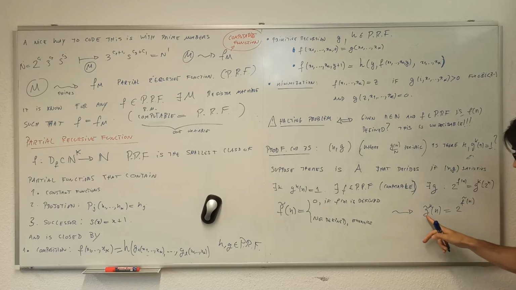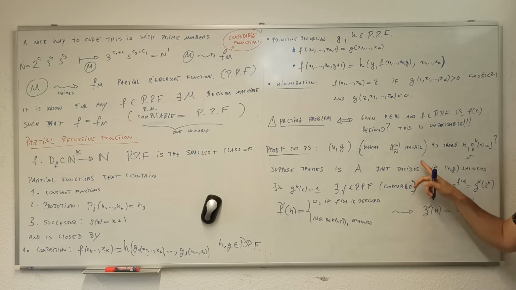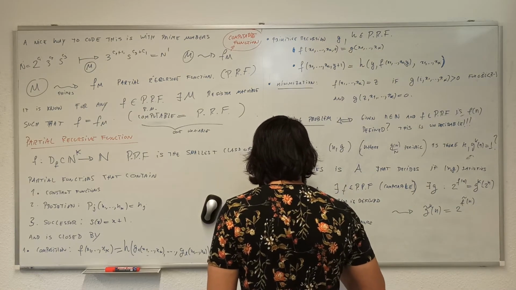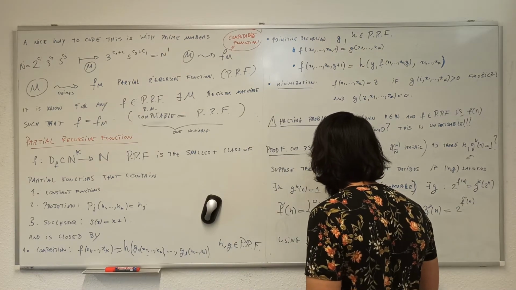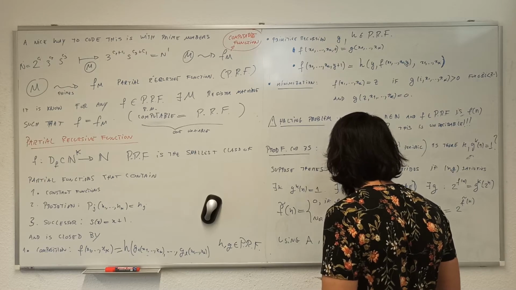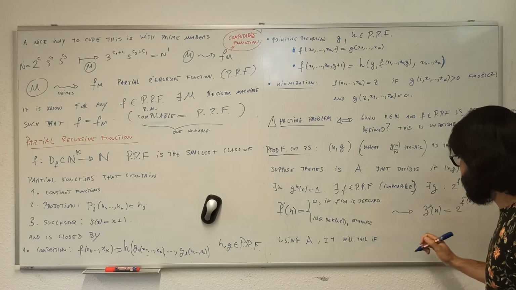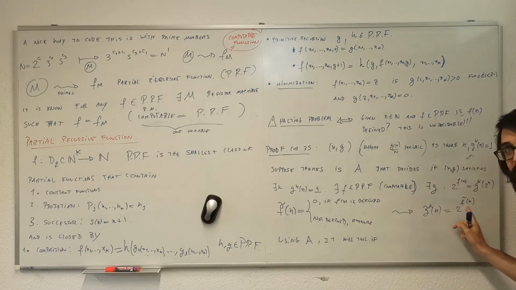So if I apply the algorithm A for the data n and g tilde, it will tell if f tilde of n is 0 or not, and moreover if it's well defined.